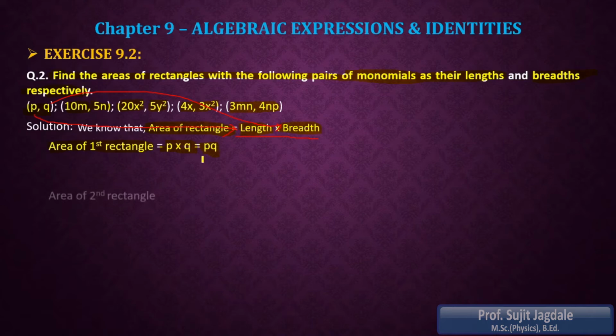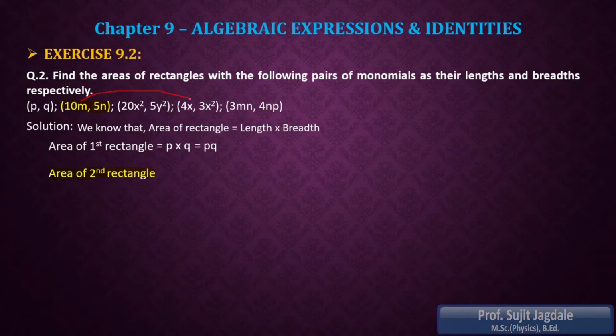Then the area of the second rectangle. Now I have to calculate the area of the second rectangle. Which is the second pair here in the question? 10m, 5n is the second pair. I will take it in the form of a product.